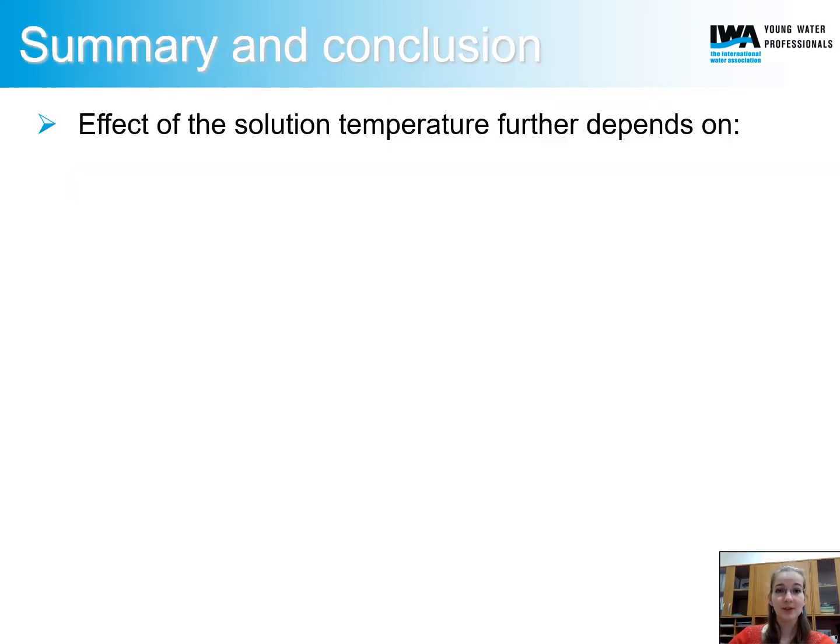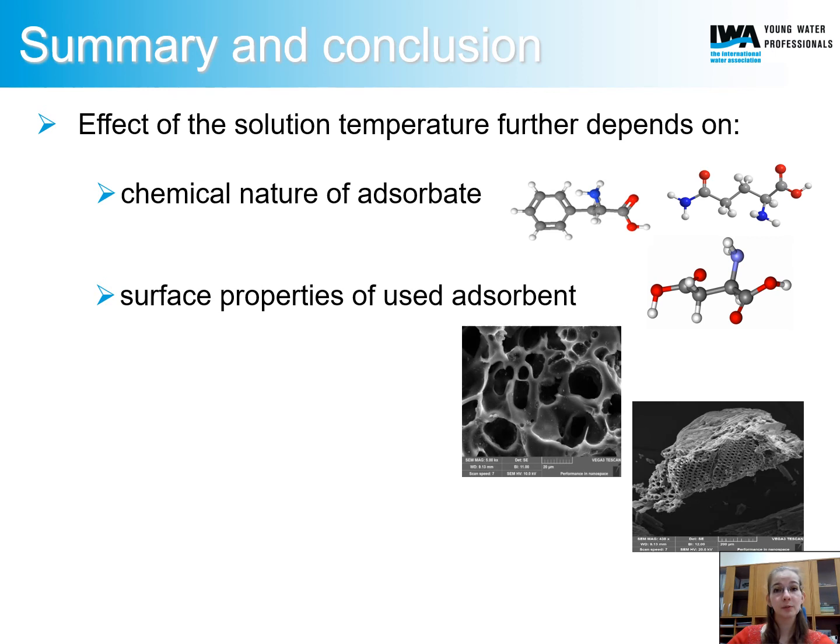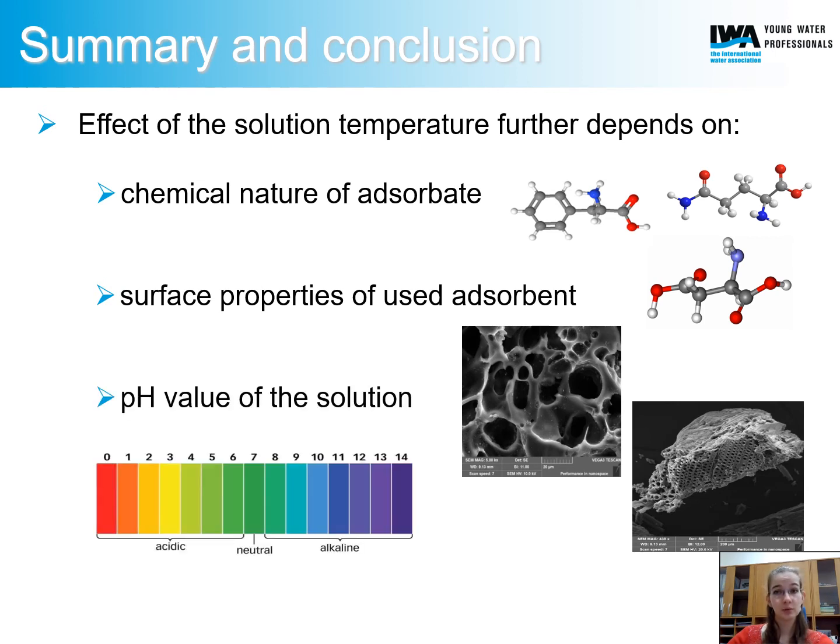To sum up, the results of my research show that the solution temperature had an effect on the adsorption efficiency of arginine, phenylalanine, as well as aspartic acid. This effect was different depending mainly on the chemical nature of the amino acid, the surface properties of the activated carbon used, and the pH of the solution.